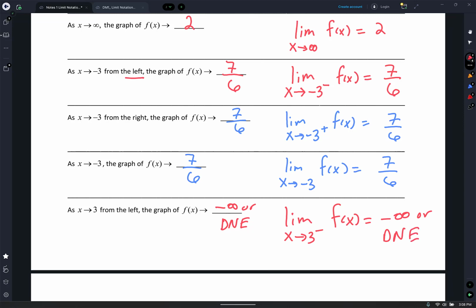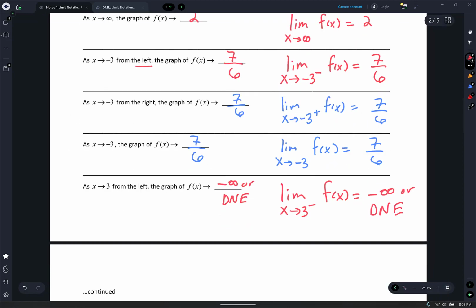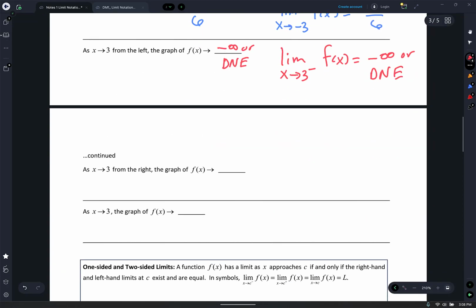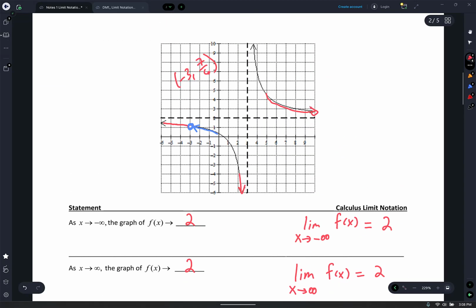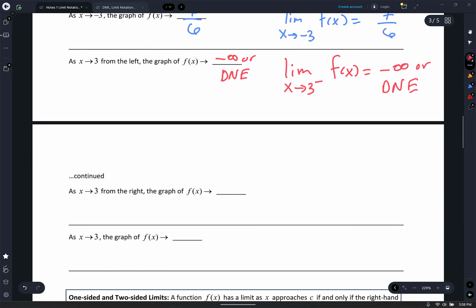How do we feel, guys? Nothing crazy? All right, let's go to the next one. We're still looking at the same graph. It says, as x approaches 3 from the right, the graph of f of x, so let's look at this graph. I'm on the curve, and I'm looking for the y values. As x approaches 3 from the right, my y values are positive infinity or DNE.